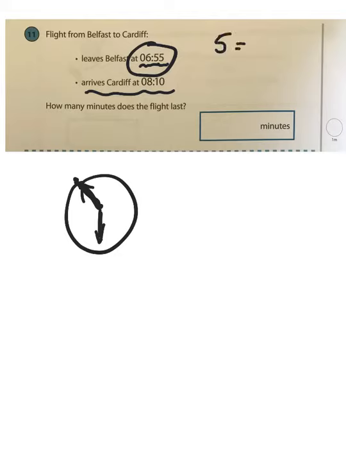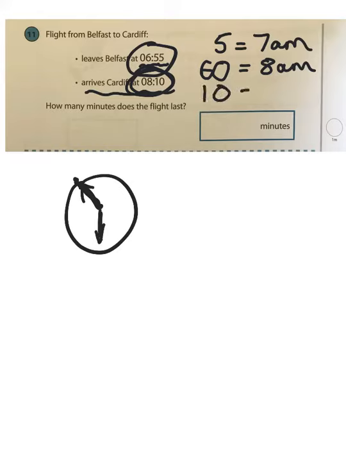So 5 minutes later, it's 7 o'clock. How many minutes are there in an hour? 60. Another 60 minutes takes us to 8 o'clock. How many minutes left to get us to 8:10? 10 minutes. So, what is 5 add 60 add 10? 75.